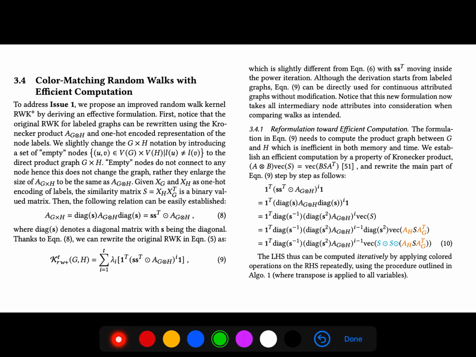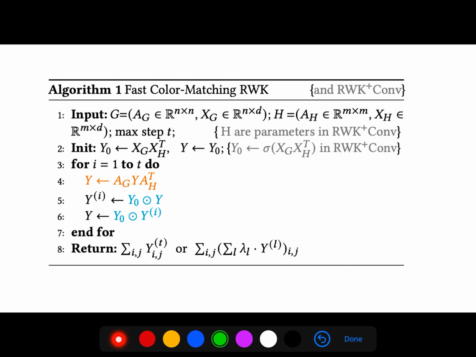Color matching random walks with efficient computation. They address these two issues that we discussed, and this is the reformulation toward efficient computation. This is their algorithm, fast color matching random walk.